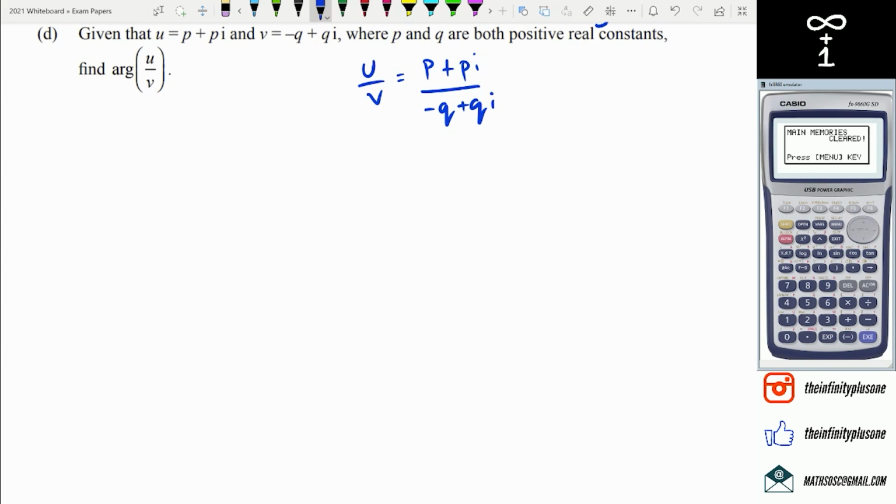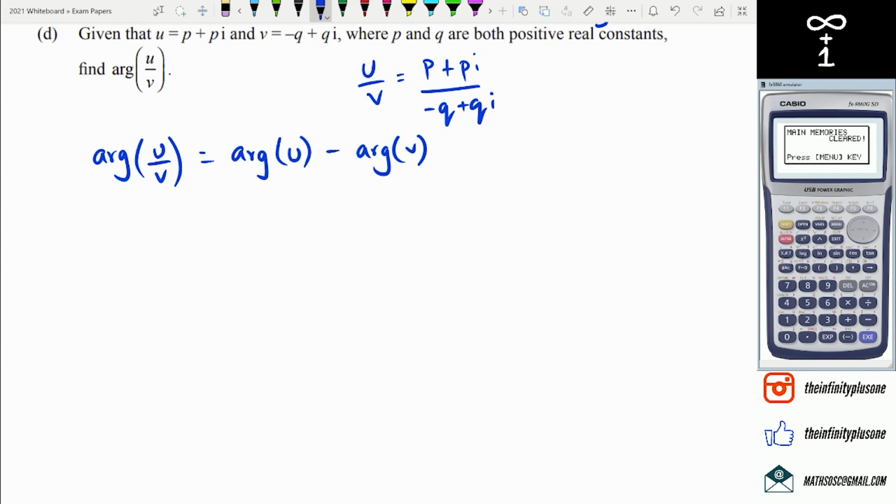And I can tell you right now, this is going to be a total pain to try and rationalize the denominator. But remember this, when you have argument of u over v, this is one of the rules you guys will have learnt. This is the same thing as saying argument of u minus argument of v.